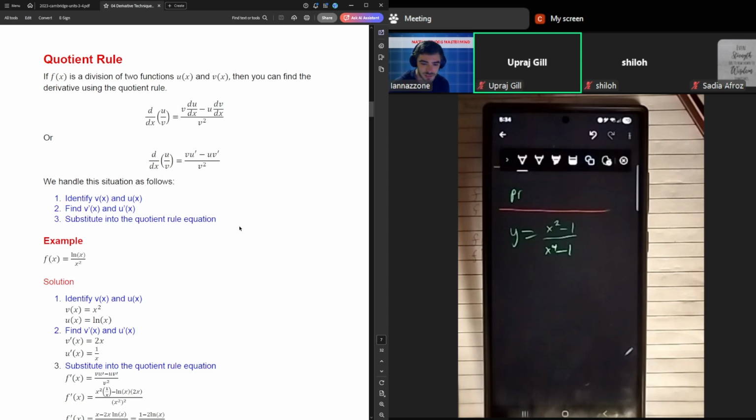You've got a division of x squared minus 1, and that's being divided by x to the power of 4 minus 1. And so what we're going to fundamentally do is do our quotient rule, which means we need to find the derivative. Well, first we're going to define our functions. We need to define what u is and what v is. What's what in this case?